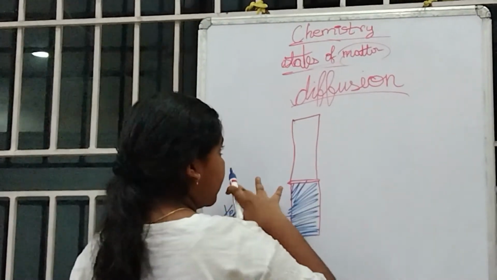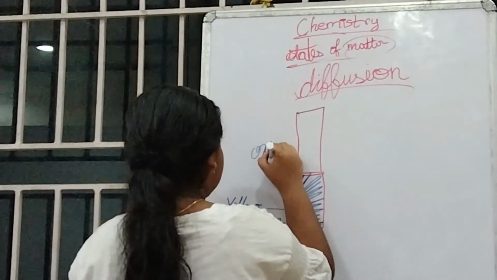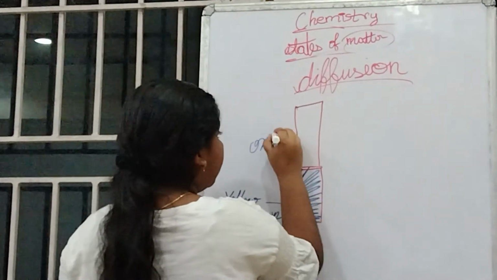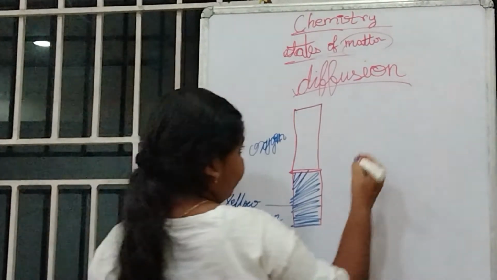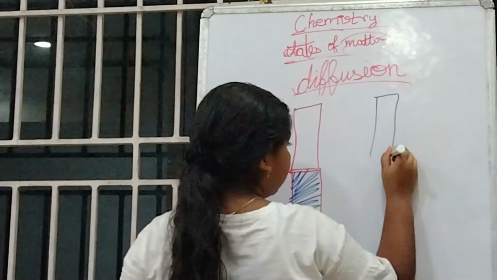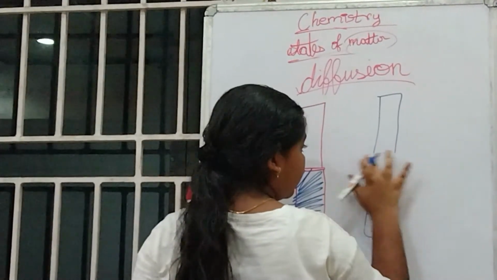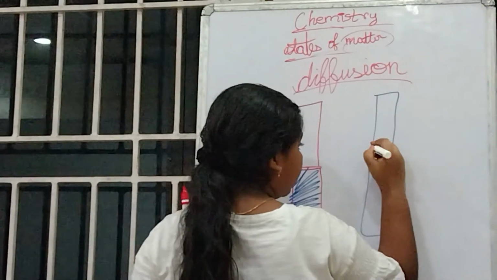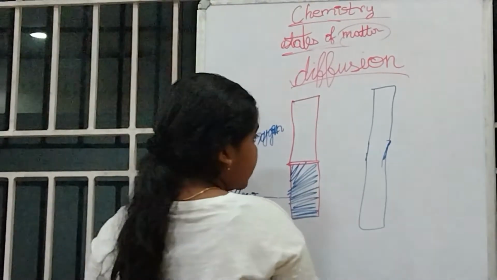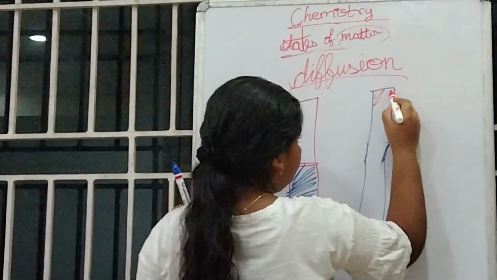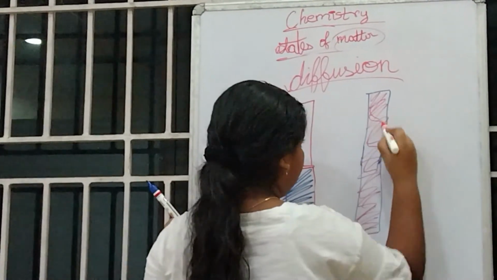And this is a simple gas like oxygen, with no color. After they have mingled, the color spreads out in the oxygen, the non-colored gas.